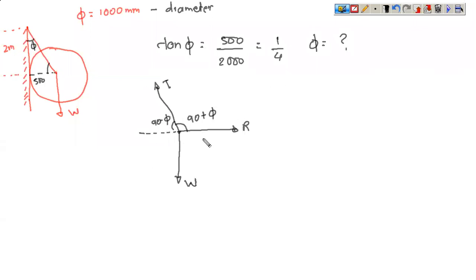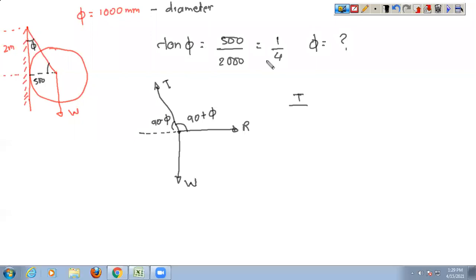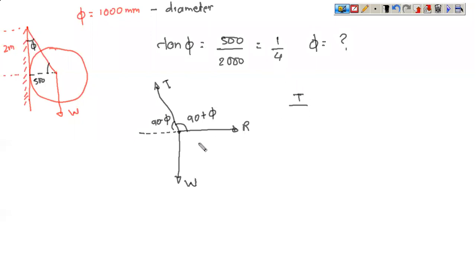Now this is a three-force system. It is in equilibrium, so you can solve it by Lami's theorem. So T divided by sine of the angle between the other two forces. The other two forces are W and R. So this is 90 obviously.